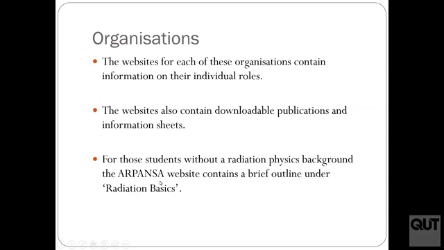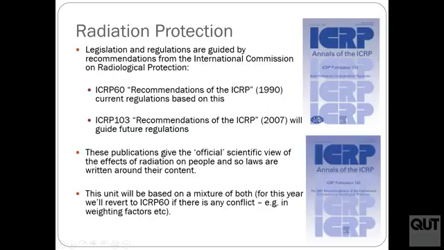They contain downloadable publications, and they feed into radiation regulation and codes of practice throughout the world. If you don't have a radiation physics background, if you go to the ARPANSA website, you can find some brief outlines under radiation basics. So legislation is guided by these various documents.